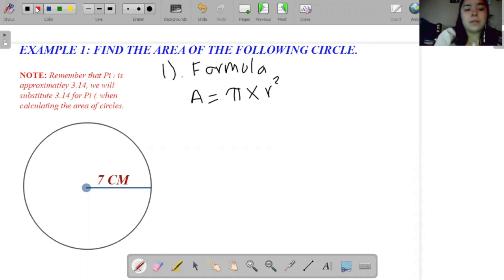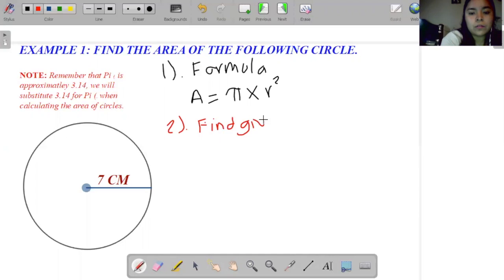Our second step is to find the given values that we know and substitute.